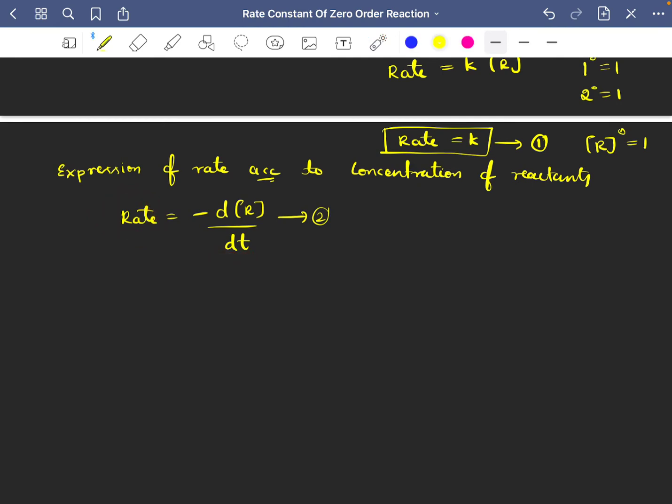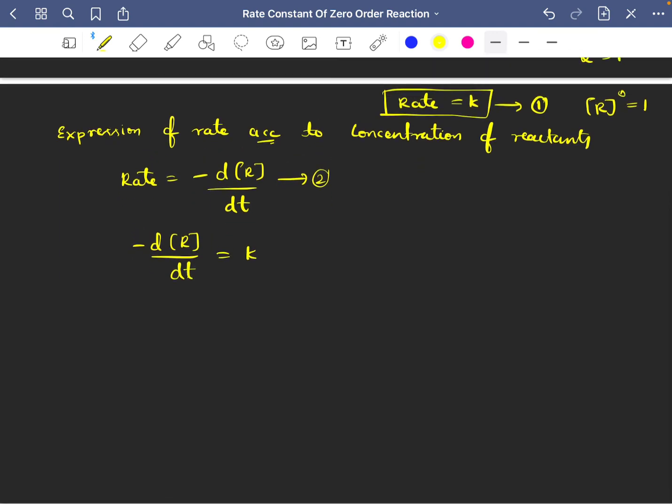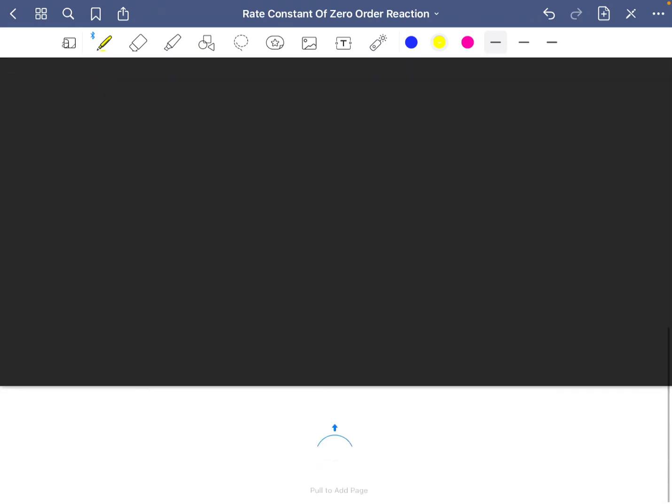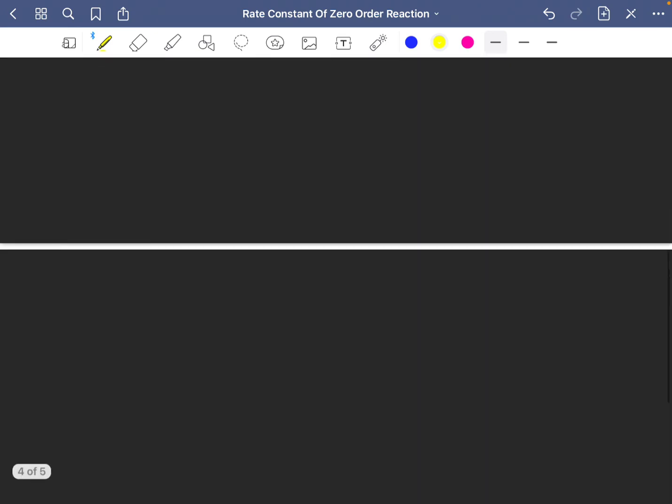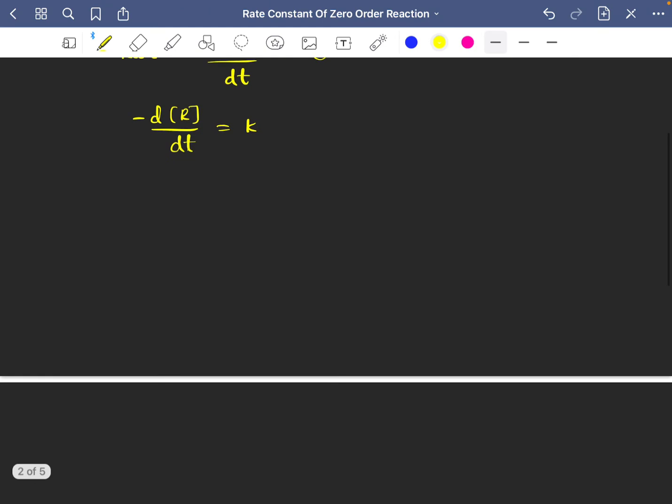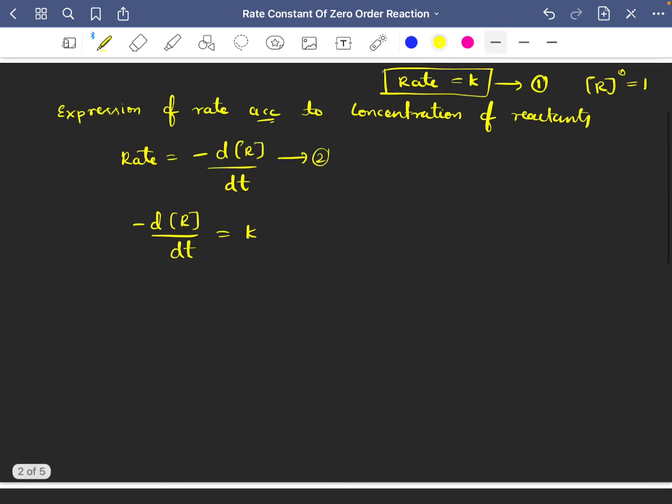If you equate these two, we'll get minus of d concentration of R with respect to time is equal to K, correct? After equating equations 1 and 2, we get this expression.